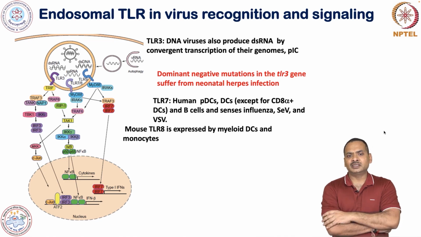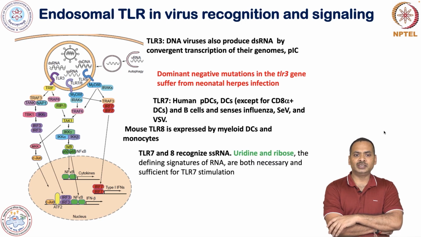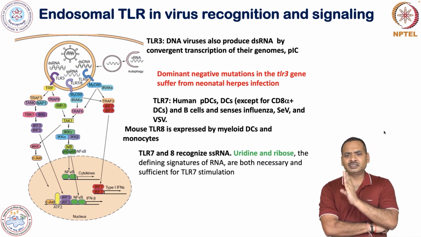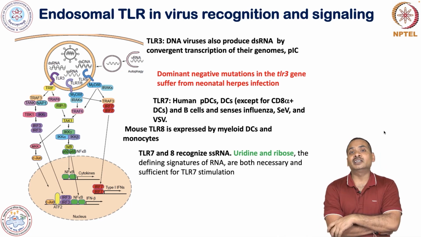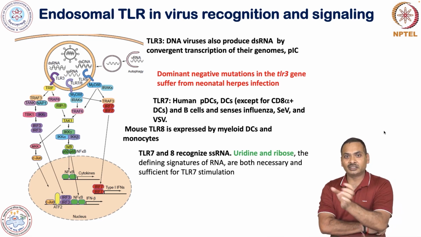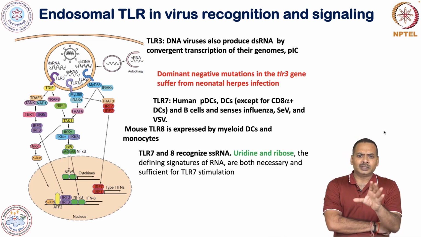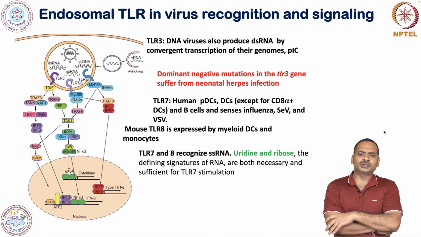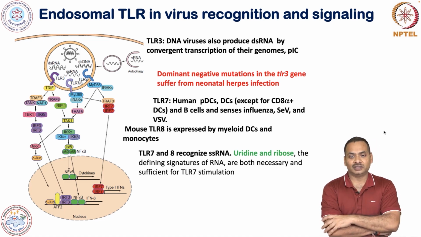Mouse TLR8 is expressed by myeloid DCs and monocytes. TLR7 and 8 recognize single stranded RNA, and the recognition component is uridine and ribose. In single stranded RNA, this uridine and ribose is sensed. Both uridine and ribose are needed for sufficient stimulation of TLR7.